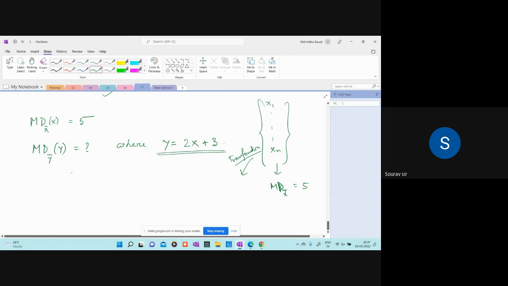I need to find the mean deviation about y with respect to the mean of y. I don't know the mean of x, but I know the MD of x. So can you tell me the MD of y, using the property of mean deviation?